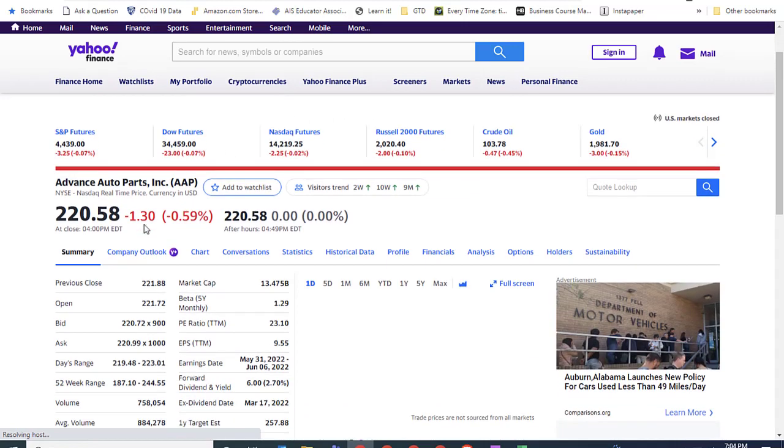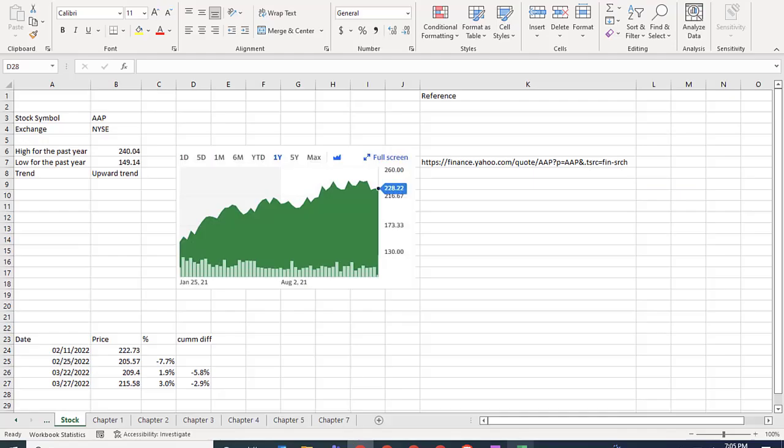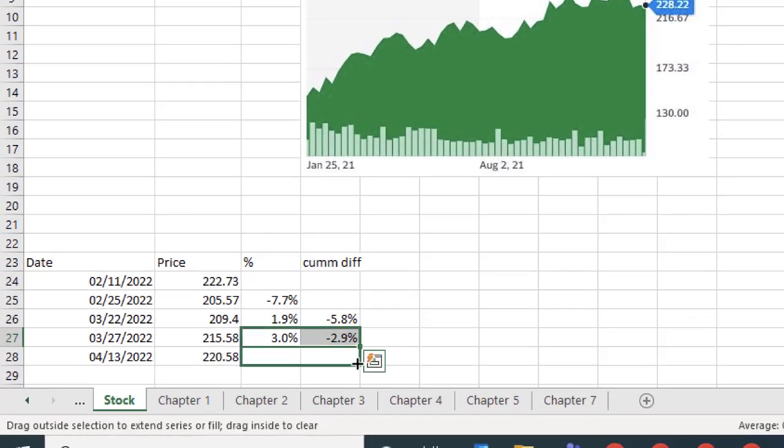Okay, so now it's after the market closed today, so I can take the closing price of today, which is $220.58. And you can see I've come up again, which is great. But I'm down for the semester. I'm still down a little over 0.5%.